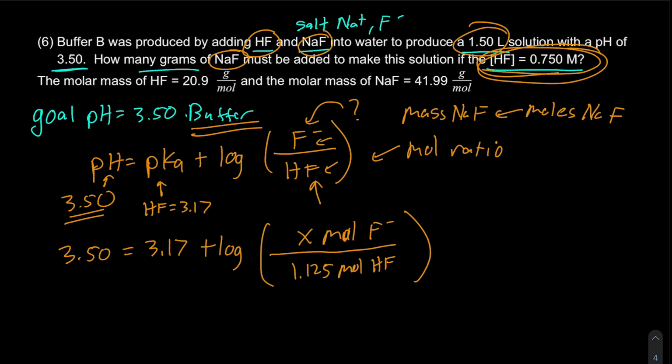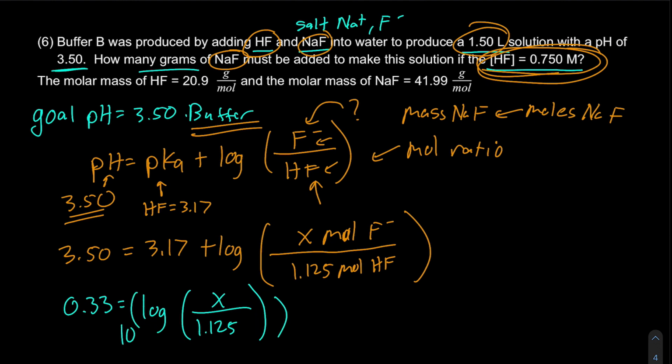So we go ahead and do some quick algebra. So we get 0.33 equals the log of X over 1.125. And again, just to remind us, the tool that we have to get rid of a log is we take 10 to the power of that log, and we do that to both sides. So we're going to get 2.138 equals X over 1.125.